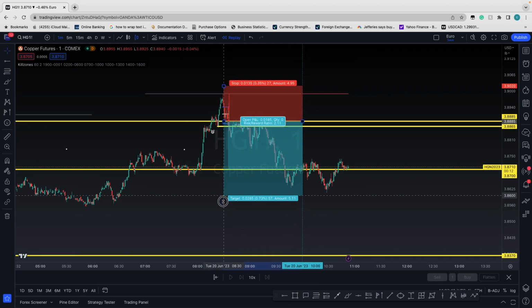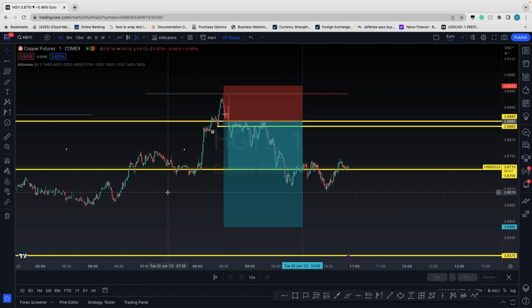Okay. Now, I did not do that with this trade. I was just practicing getting a feel for copper futures in terms of the contracts and the pricing of them.